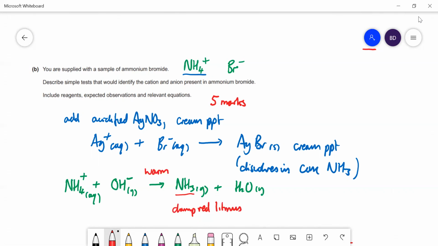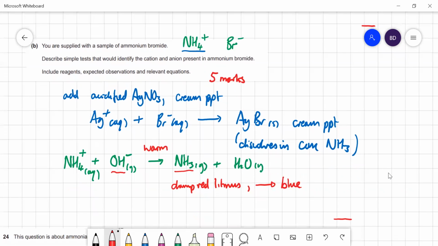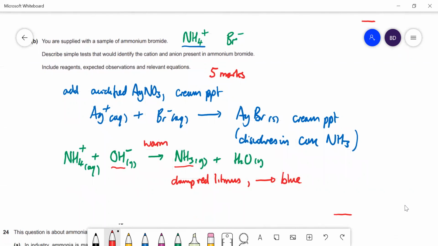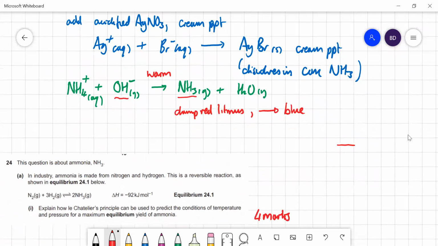The ammonia will dissolve in it and turn it blue, because ammonia, when it dissolves in water, forms an alkaline solution. So you hold the red litmus above the surface of the liquid. Obviously you don't put it in the liquid because it would go blue anyway then, because you've got sodium hydroxide in there. You hold it above the surface. Okay, so a lot of those marks going for the equations, 5 marks there.